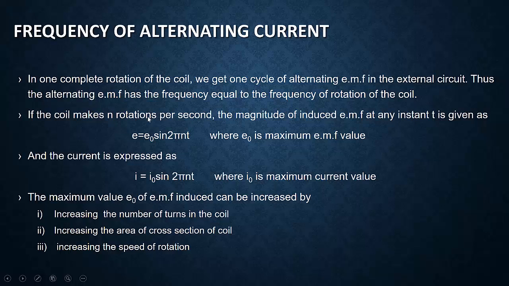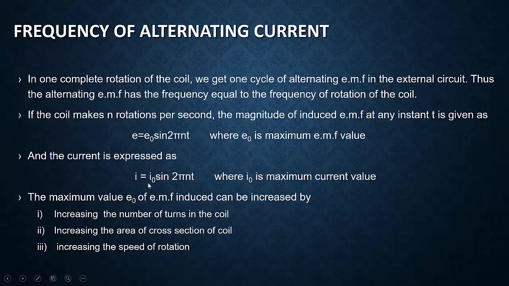If the coil makes n rotations per second, the magnitude of induced EMF at any instant is given by this formula, which you have to remember: E is equal to E0 sine 2 pi nt, where E0 is the maximum EMF value or the magnitude. Similarly, current is expressed as I equal to I0 sine 2 pi nt, where I0 is the maximum current value.